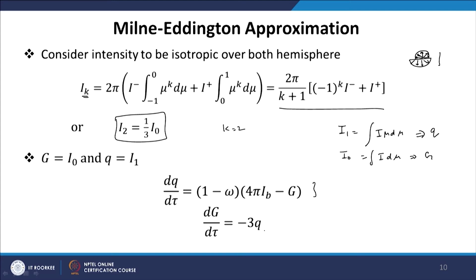Now, this is slightly different from the previous 2 flux method where we had minus 4 q. So, the 2 flux method had minus 4 q and this differential approximation method has minus 3 q.